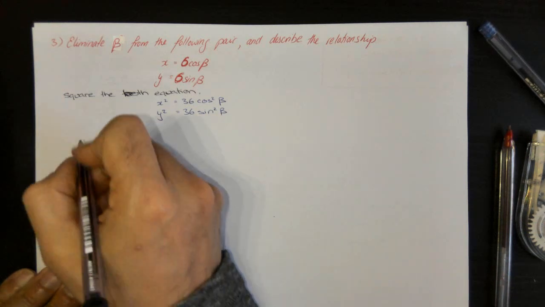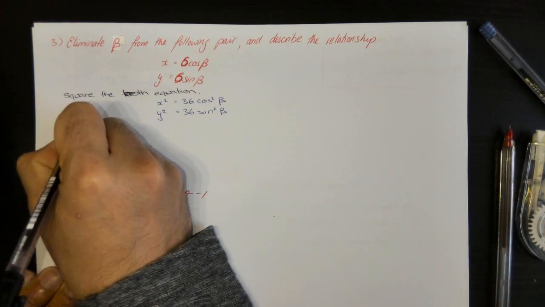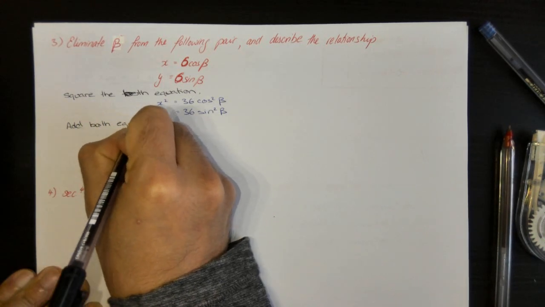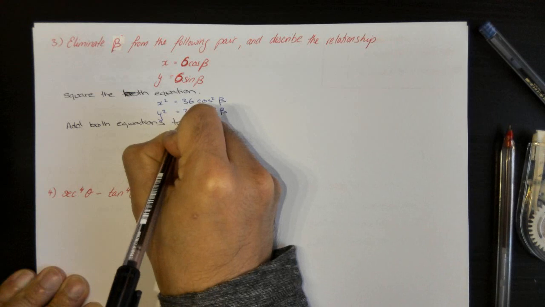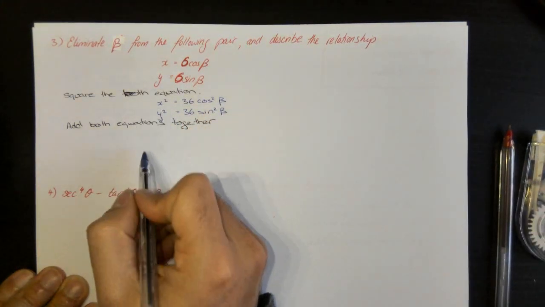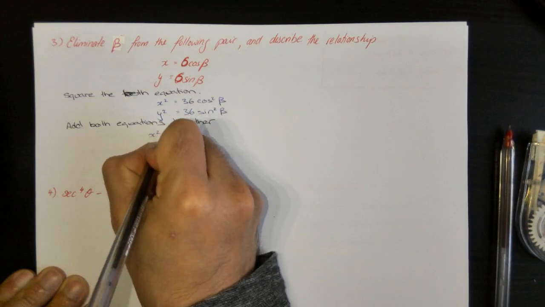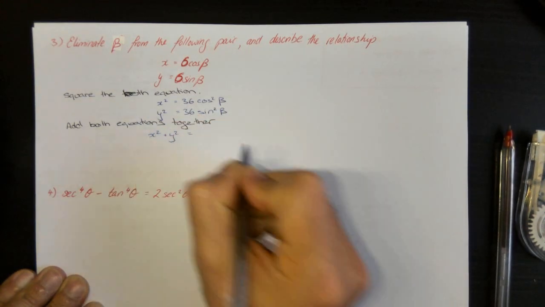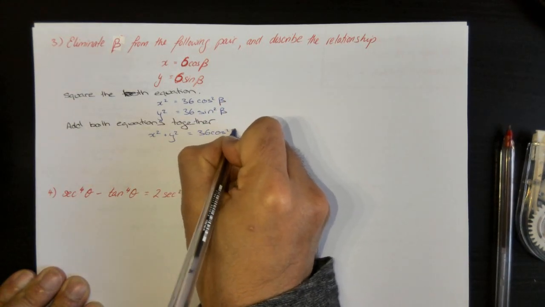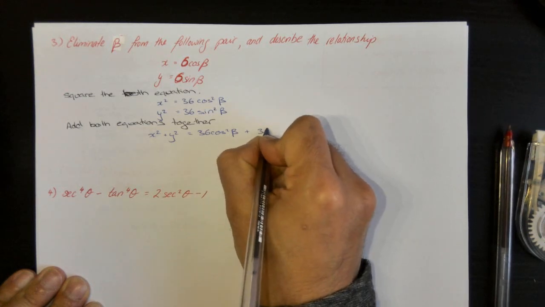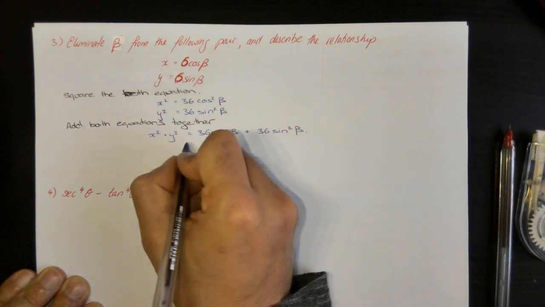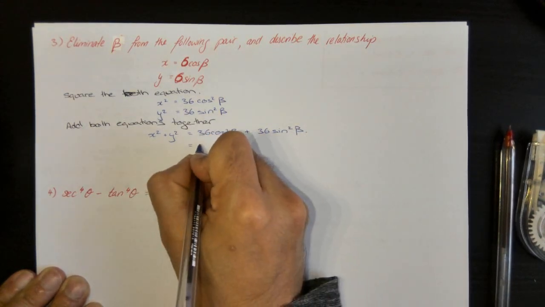Now what I'm going to do is add both equations together. If I add the left-hand side, that becomes x squared plus y squared. I'm going to add 36 cos squared beta to 36 sine squared beta. What I'll do is factor out this 36.